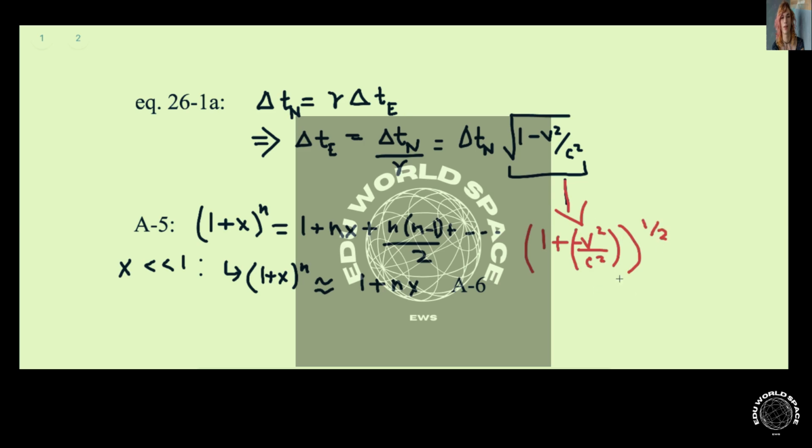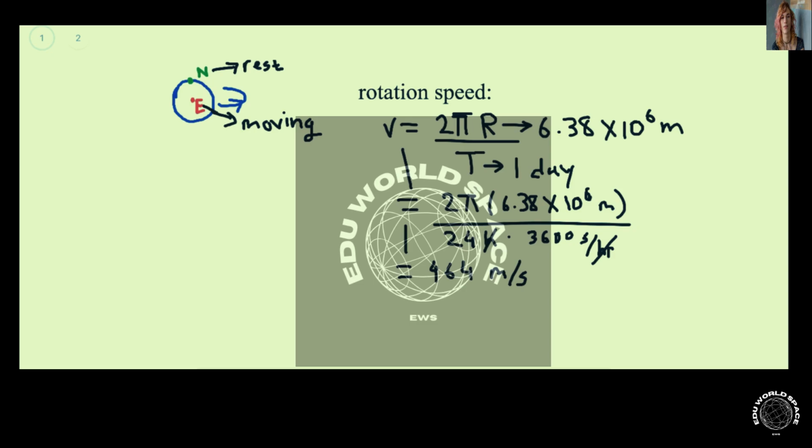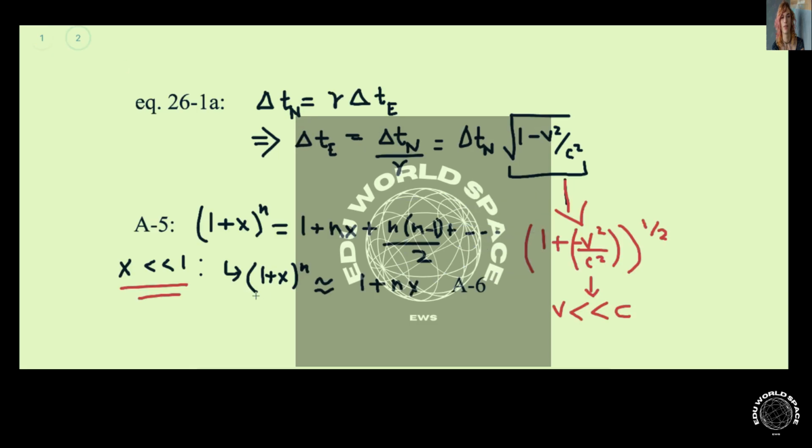And look, this form is very similar to this form. x is just negative v squared over c squared, and n is just half. So that's great. And very importantly, x much, much less than 1 applies here because v is much, much less than c. As we know from here, it is many orders of magnitude less than c. So this holds.